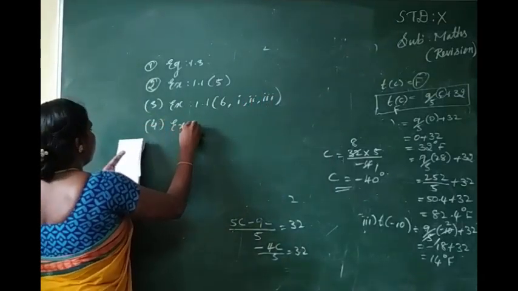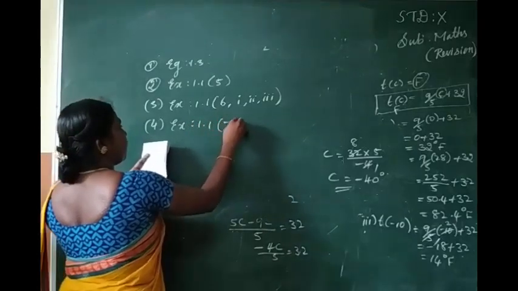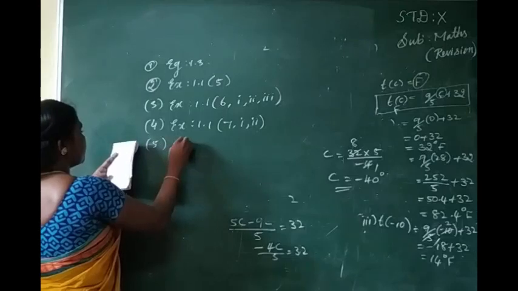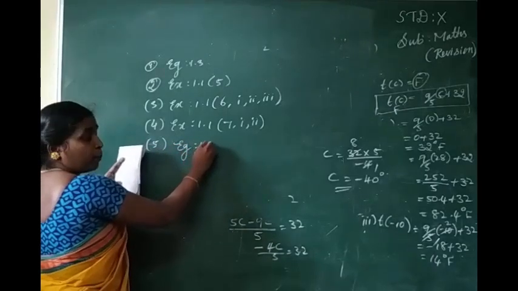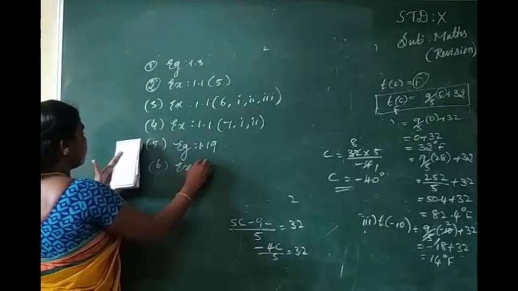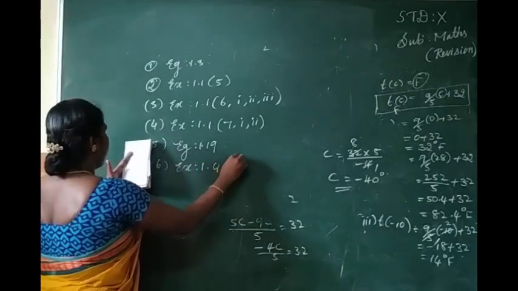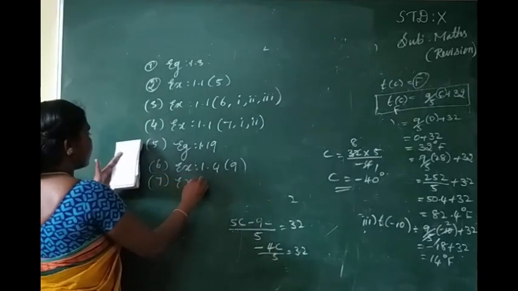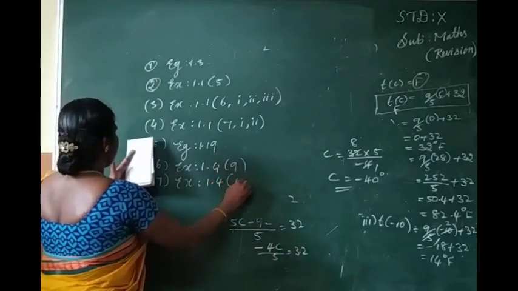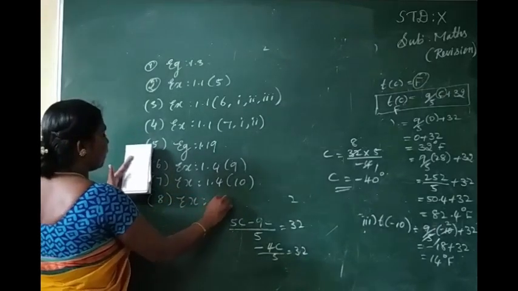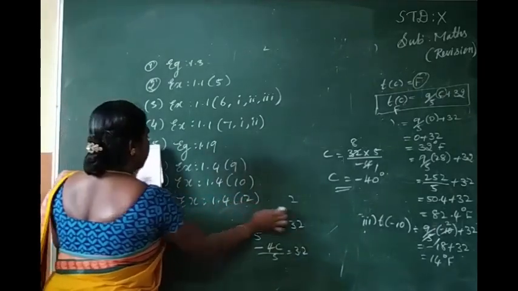Exercise 1.1, question number 7, first subdivision, second subdivision. 5, example 1.19, question number 6. Exercise 1.4, question number 9. Exercise 1.4, question number 10, 8th one. Exercise 1.4, question number 12.